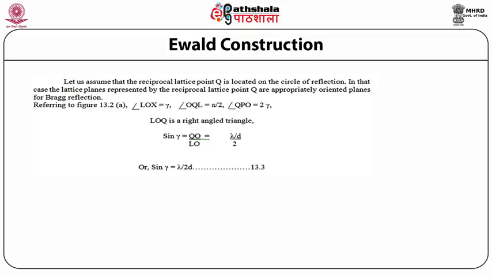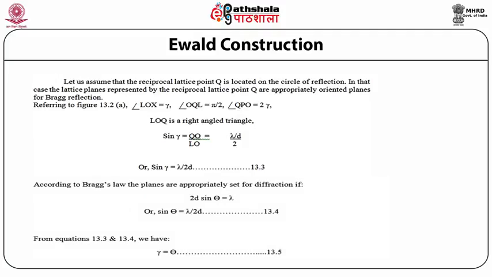So LOQ is a right angled triangle. Therefore, sine gamma is equal to QO upon LO is equal to lambda by d upon 2, or sine gamma is equal to lambda by 2d, which is given as equation 13.3.